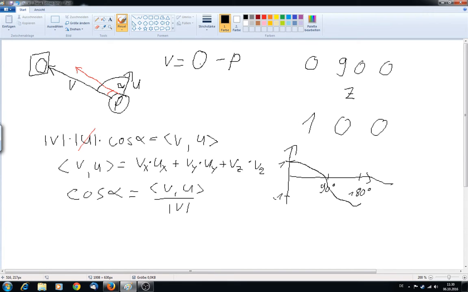So basically, if the angle is 0, so if you are directly looking at the object, then the cosine is 1. Then it gets smaller and smaller, and it's 0 if the angle is 90 degrees. Then it gets lower and lower, and it's -1 when we are looking in the opposite direction. So it's actually monotonic.